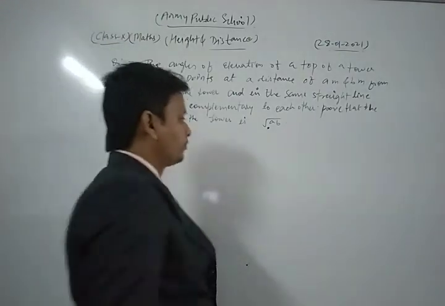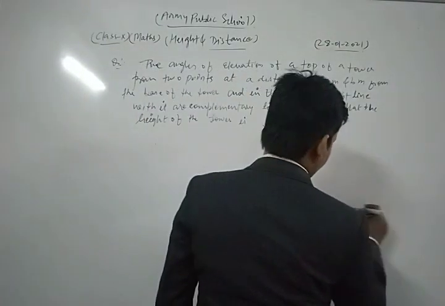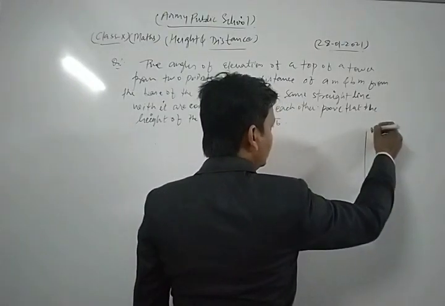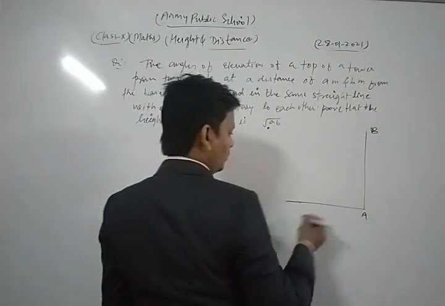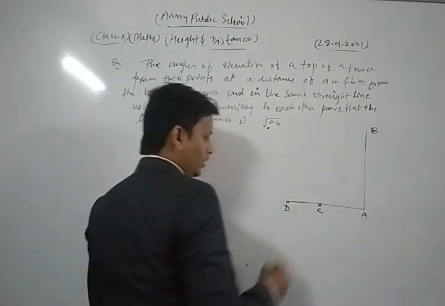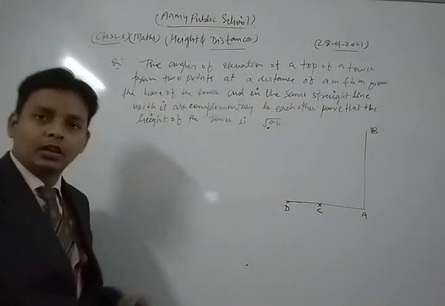So first of all, we draw the base of the horizontal surface. Now we draw AB as a tower. From the base of the surface there are two points C and D on the same straight line.